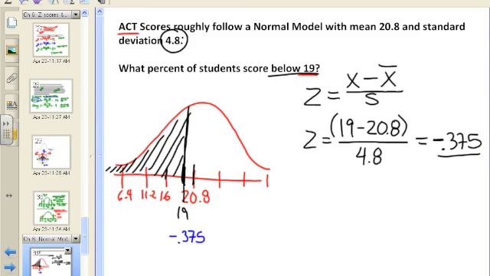While we're talking about z-scores, notice I started shading right here at negative 0.375, and my shading goes forever in the negative direction. So I need a stopping place for my calculator, because we know that this picture goes forever, but my calculator doesn't really handle the concept of infinity.